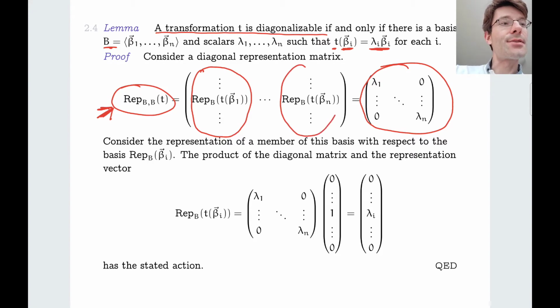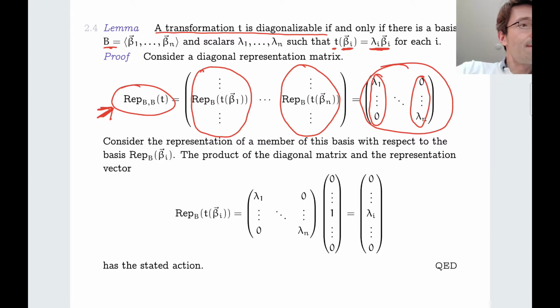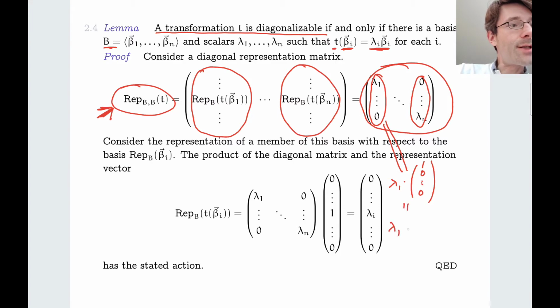So this is how these columns are obtained. So here we have these columns. And let's focus on the first column, but the others will of course be similar. So we can write this as lambda 1 times (1, 0, and then only zeros). And this is equal to lambda 1 times the representation with respect to B of the first basis element.